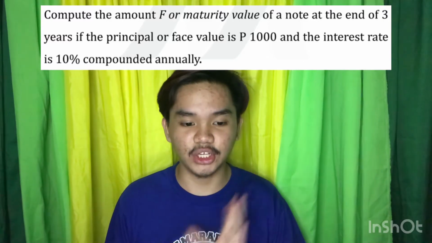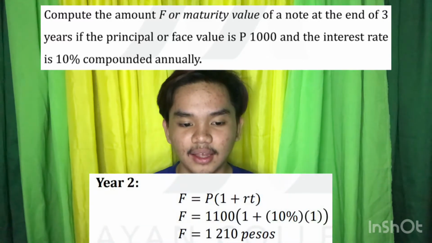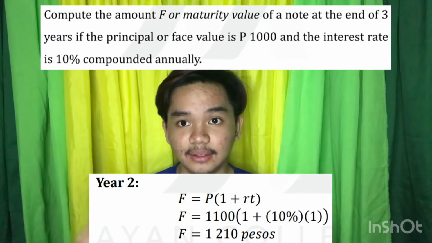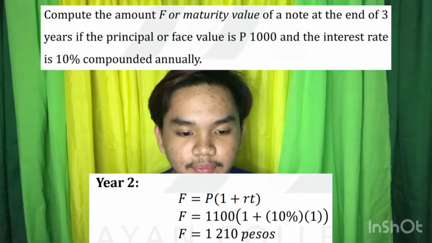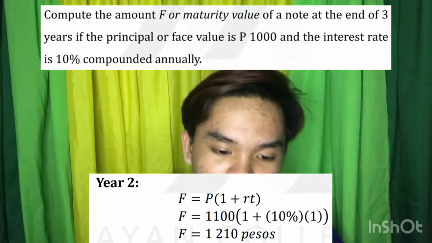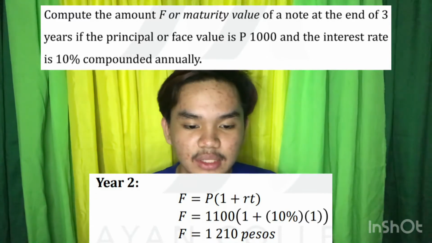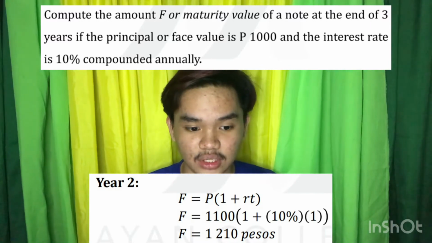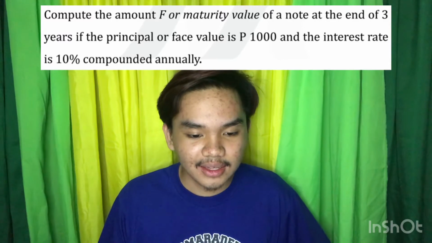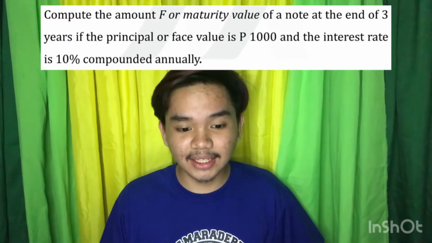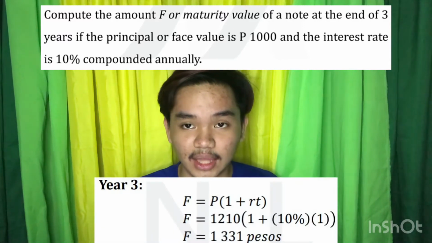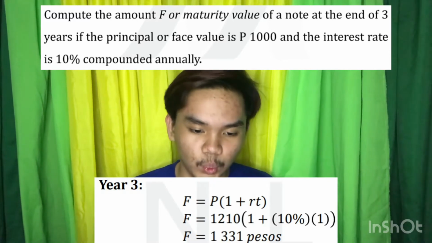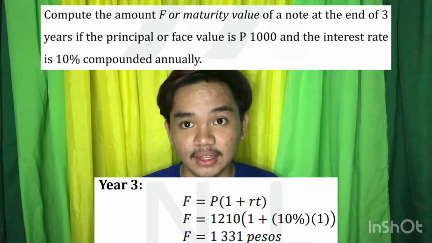And for our second year, we have the formula pa rin na F is equals to P times 1 plus RT, na pag pinatong natin yung value na 1,100 times 1 plus 10% times 1 ay magiging 1,210 pesos. So kapag year 3 na, ang magiging value na ng ating principal is 1,210 multiplied by 1 plus 10% multiplied sa 1.